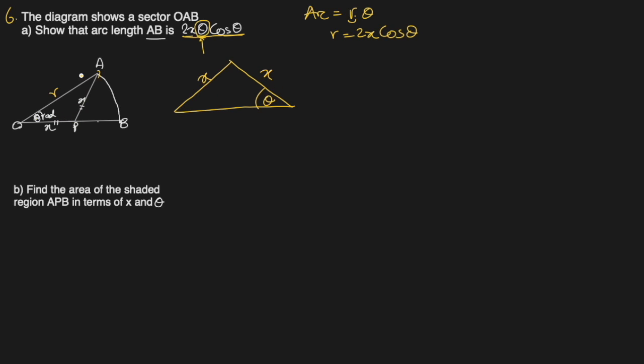I have rotated this to some degree so that this becomes an easier one. This side is equal to this side. This will be theta as well, because in an isosceles triangle the base angles are equal, right? And if I draw a perpendicular, that perpendicular will bisect this line as well. So this side will be equal to this side.